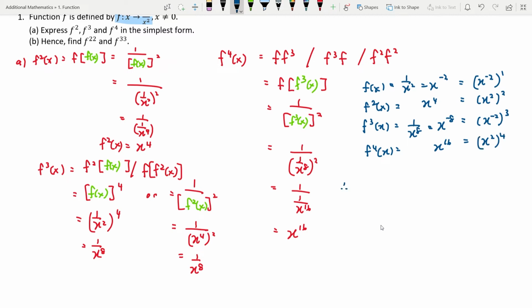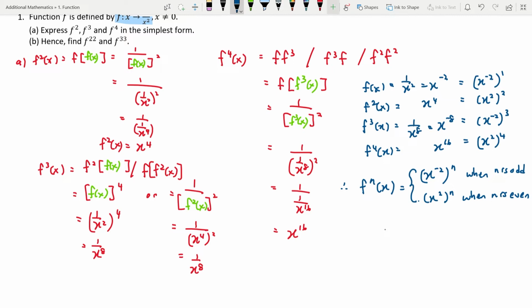Therefore, we can conclude that fn(x) is equal to x to the power negative 2 to the power n when n is odd, and fn(x) will be equal to x to the power 2 to the power n when n is even. This is an important finding.